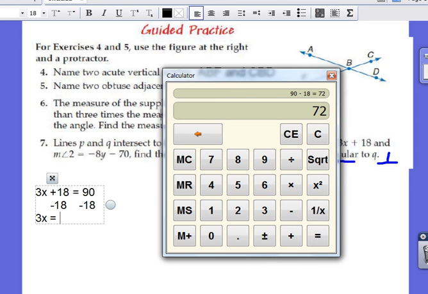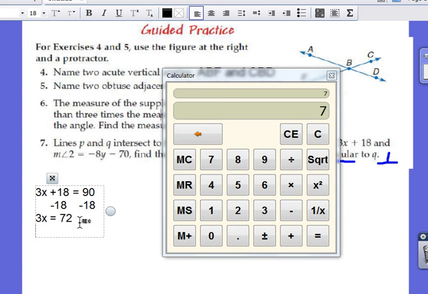Yeah, 72. So then put 72 here. And then we know 3 is multiplying x, so instead of multiplying, what do we do? We divide. So x is equal to 72 divided by 3. Well, 3 goes into 7 twice with a remainder of 1, and 3 goes into 12 4 times. So x is 24 in that case.